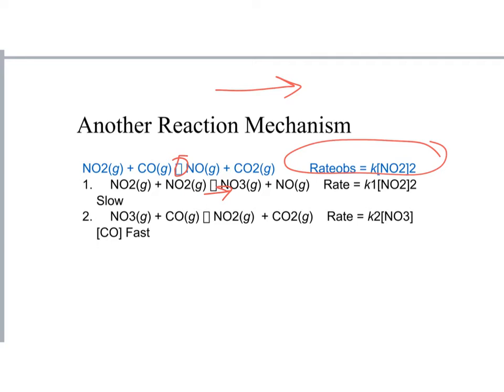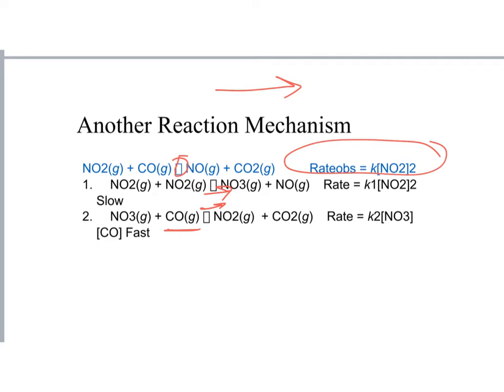But in this second reaction, you get NO3 as a product of the first one. And this is also a fast reaction. And again, the CO is already part of the overall reaction, so it's already there.